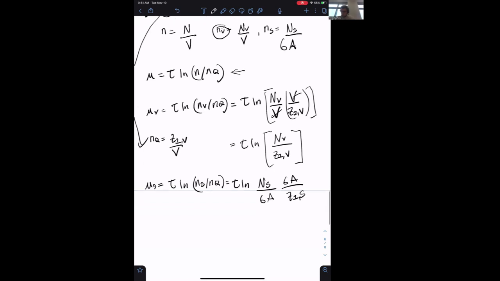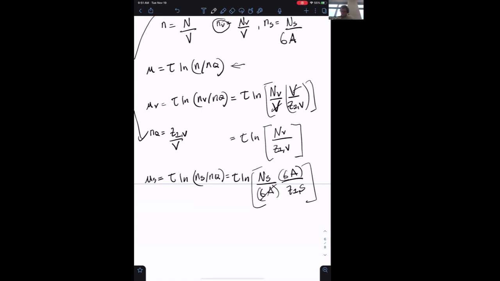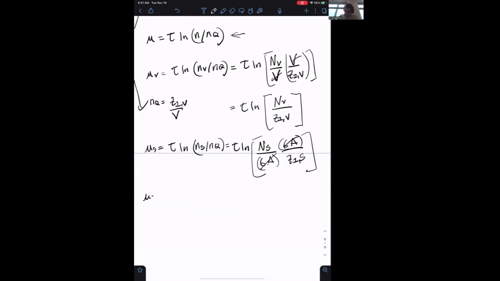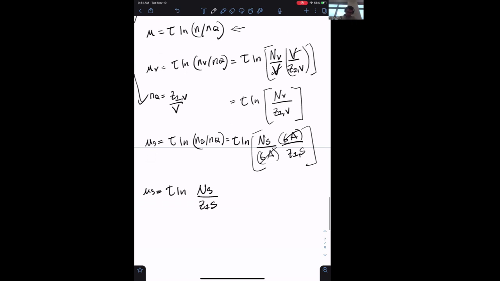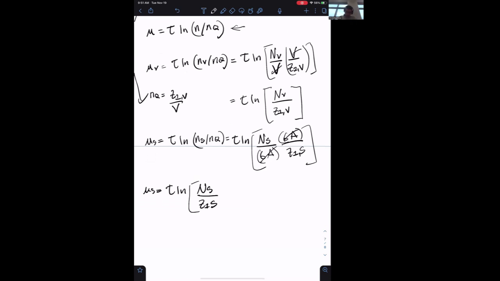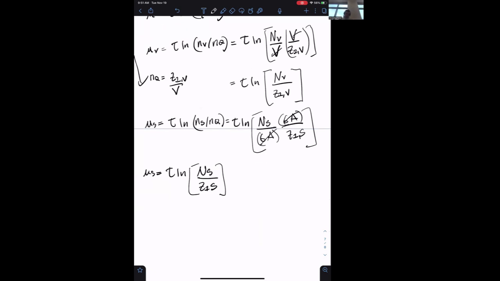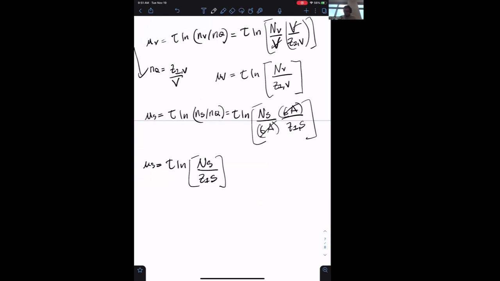So either way, these factors will cancel out, and you get that the chemical potential is just like that. Okay, so they look almost identical.